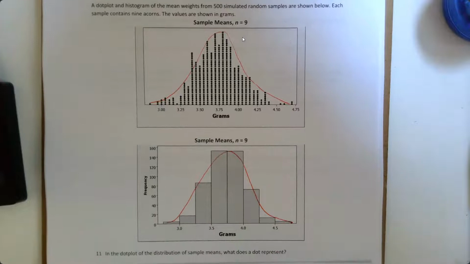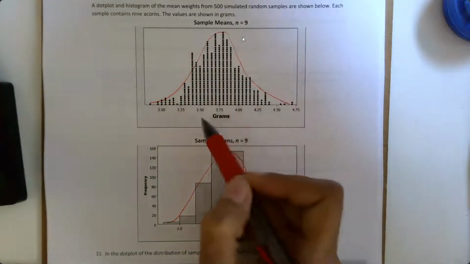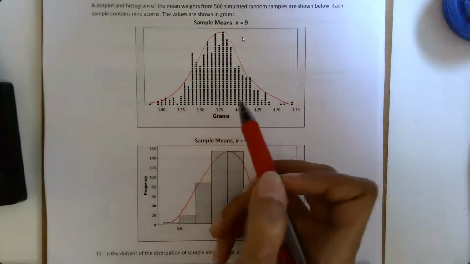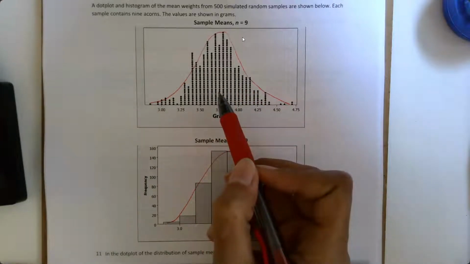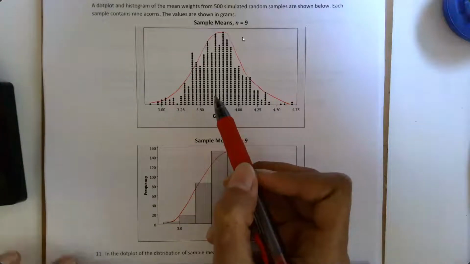So the question says, in the dot plot of the distribution of sample means, what does a dot represent? So we have our dot plot here. As you can see, we have dots here. Each dot represents a sample mean.